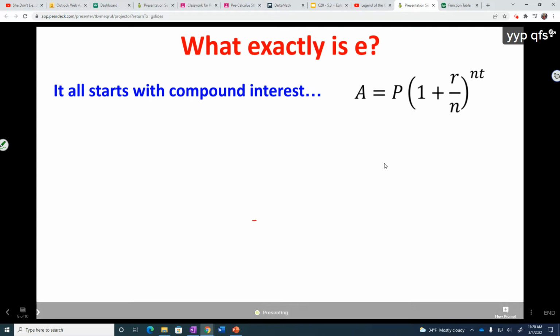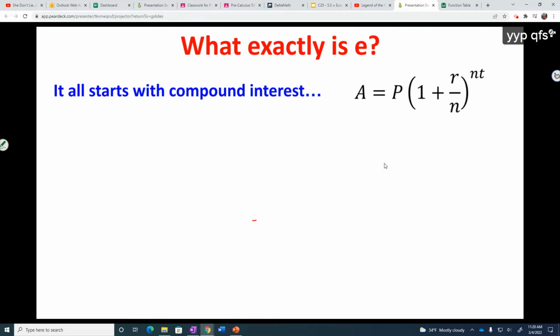Interest in a bank, for example: you put money in the bank, you earn interest off of that money, right? If you put $1,000 in the bank and you let it sit there for a year, then the bank is going to give you some interest at the end of the year. It grows interest throughout the year. But typically banks compound interest monthly.